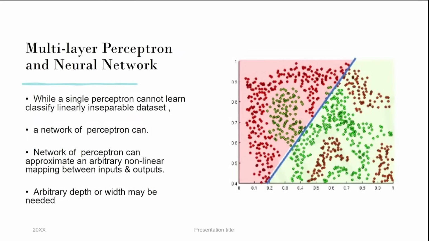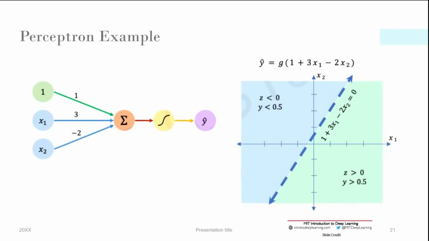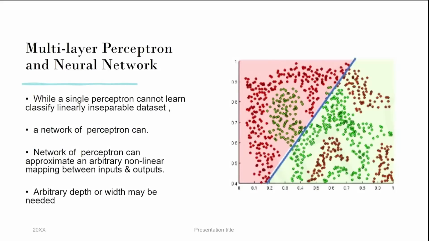One of the problems with the single neuron was that a paper came out which proved that a single perceptron cannot learn or classify linearly inseparable data sets. A single neuron is good if the data sets are linearly separable, then it can solve the problem.